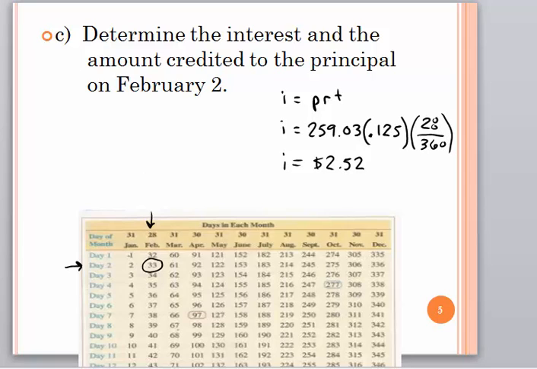We know that the payment is $100. We know that the first $2.52 goes towards the interest. Meaning that the remaining $97.48 applies towards her principal.